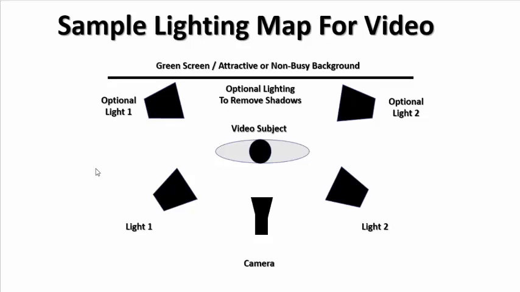Now, if you're indoors, you may want to have, and I put them as optional, additional lighting here pointing at your background. So if this was a wall, like for example a green screen, you may want to have these lights here, because these lights that are in the front are going to be hitting you and casting shadows on this green screen.